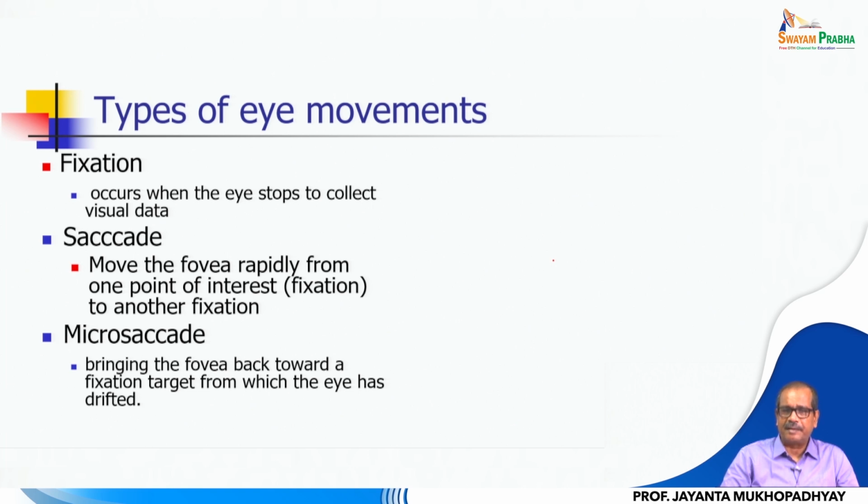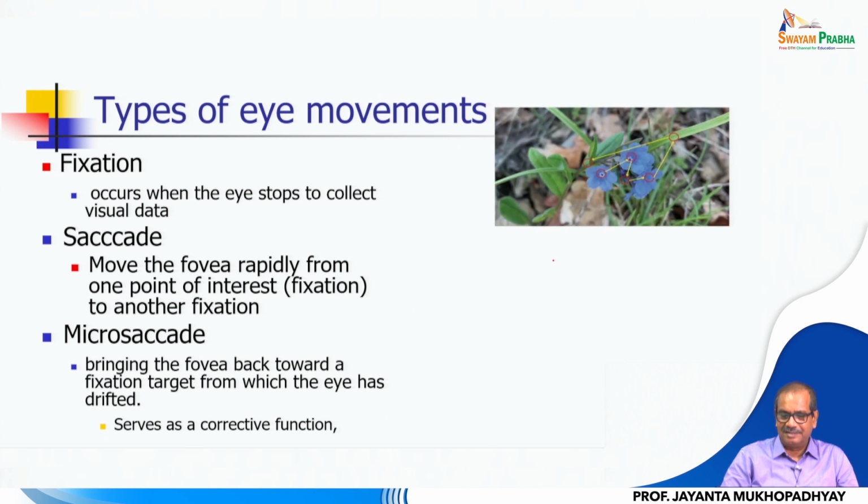This is a capability of an individual. If I consider the attention of an archer, that fixation has to be very accurate and stable. But for a common person, no fixation is so stable. It has certain drift, and you drift and again come back to that point. So those are microsaccades, and they serve a corrective function.